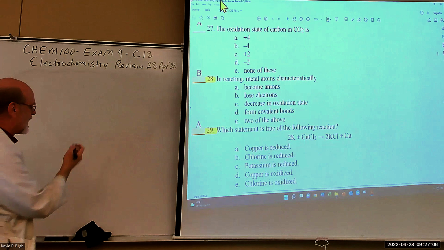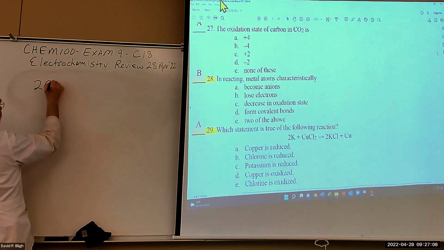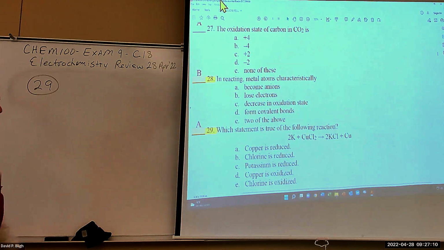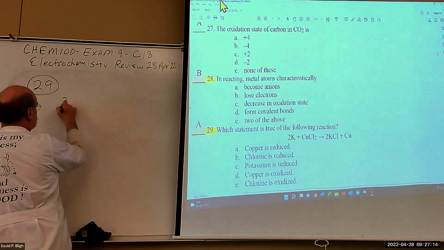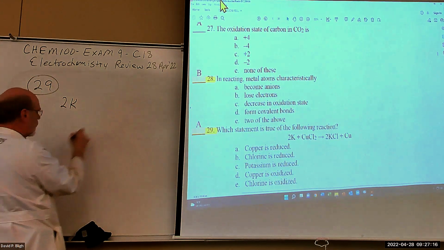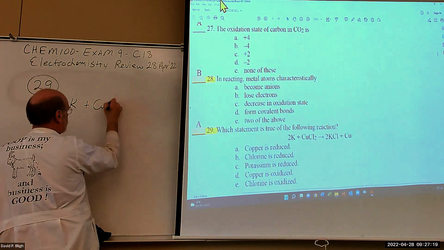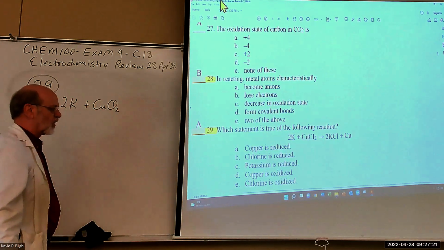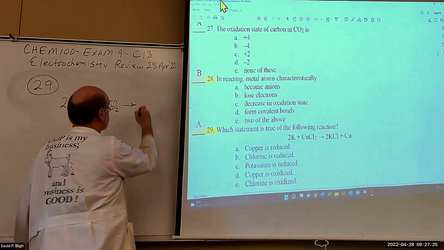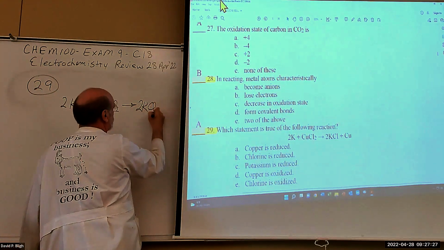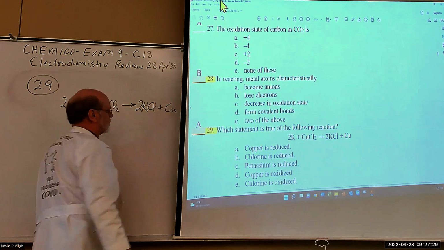All right, 29. Which statement is true of the following reaction? Well, let's see what kind of reaction. 2 potassium, copper 2 chloride yields potassium chloride plus copper.